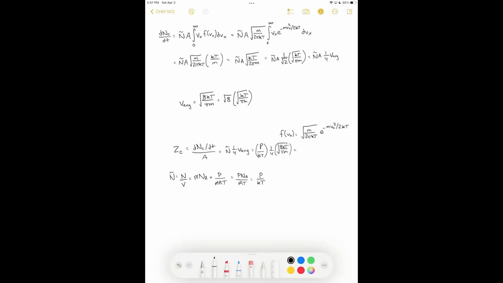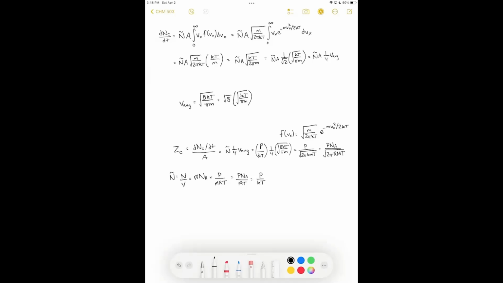Putting this all together, we end up with an expression that is the pressure over the square root of 2 pi m kT. And this again is one that we can use to describe the collisional flux. If we would like, we can also do this in molar quantities like we've seen before, having the pressure times Avogadro's number divided by the square root of 2 pi times the molar mass in kilograms times R times the temperature.